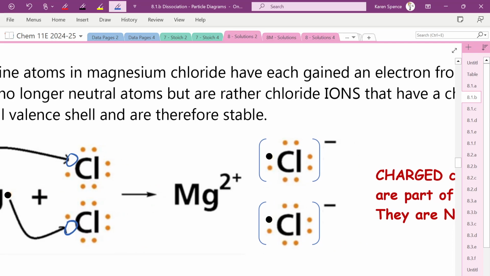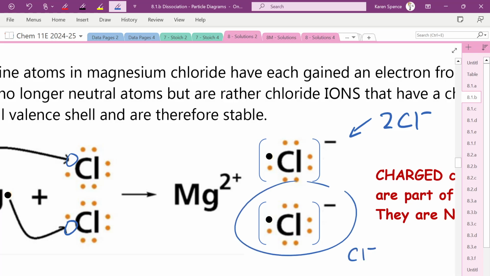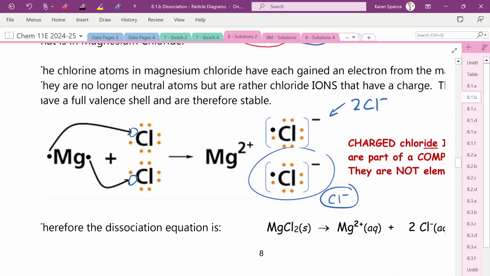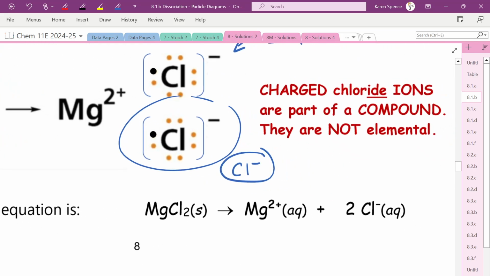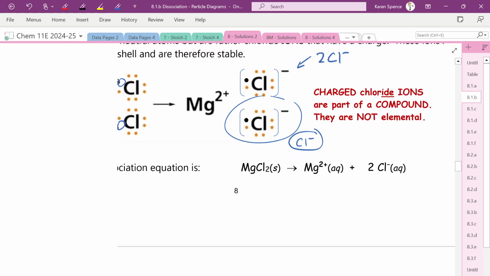So here we have 2Cl minus, not Cl2. So when they separate in solution, this is going to be your Cl minus ion, not a Cl2. So our dissociation equation looks like this: MgCl2 solid gives us Mg2 plus aqueous plus 2Cl minus aqueous.